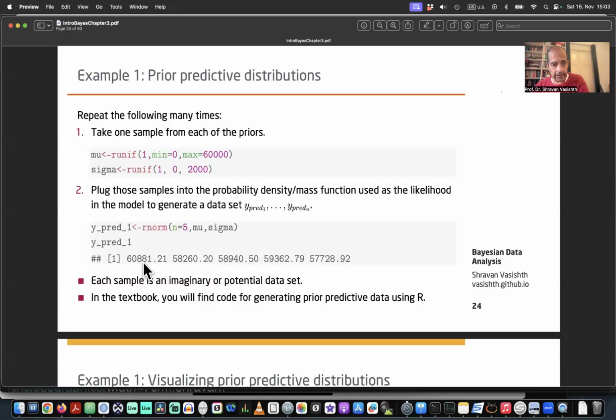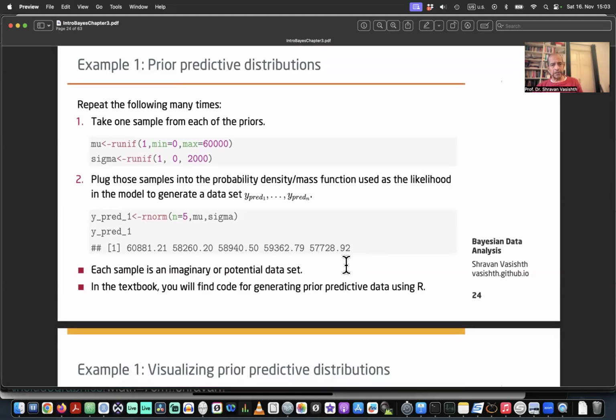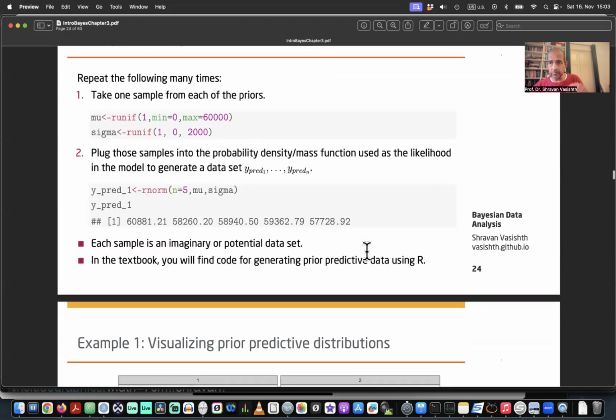If this was button pressing time, then the model is producing 60 seconds, 58 seconds, 58 seconds, 59 seconds, 57 seconds button pressing times. I mean, that is not a reasonable predicted data set, right? Because button pressing will be in the hundreds of milliseconds, not seconds. Okay.